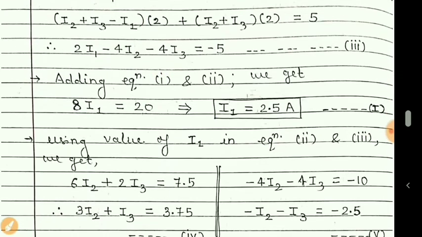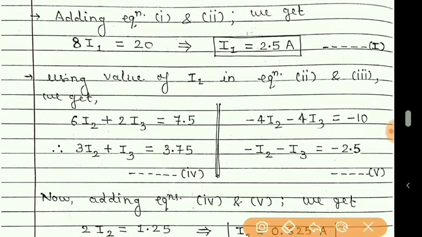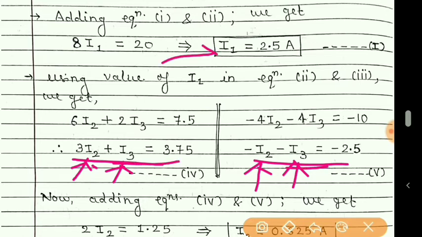So we will get two equations, this and this. Both these equations have only two variables, I2 and I3. So do paperwork and obtain these two equations by putting the value of I1 in equations number 2 and 3.